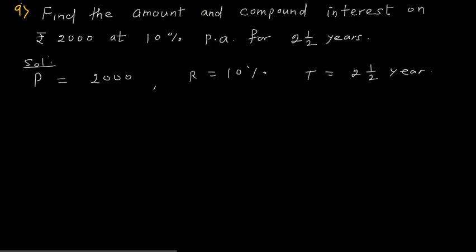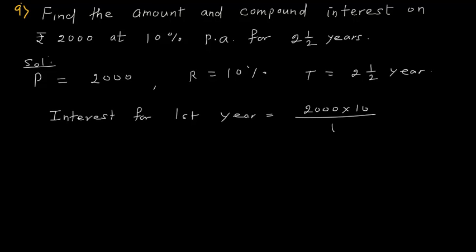So first, interest for first year is rupees 2000 multiplied by 10 divided by 100. So this will give me 200.